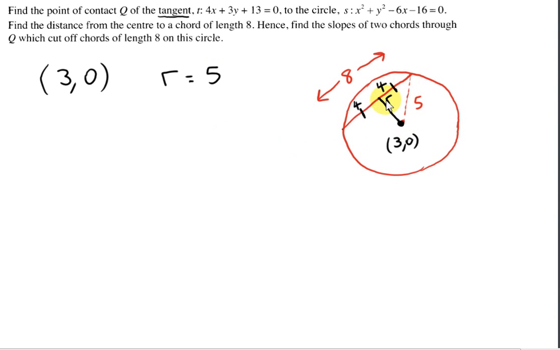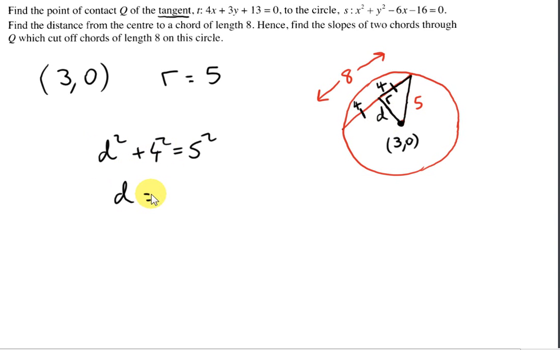But now we see that we have a right angle triangle formed here. Actually, this is the most famous right angle triangle. The hypotenuse is 5, one of the short sides is 4, so we know straight away that the other short side is 3. Of course, if it doesn't come up like that, we can easily solve it. We call this distance d, then d squared plus 4 squared equals 5 squared.